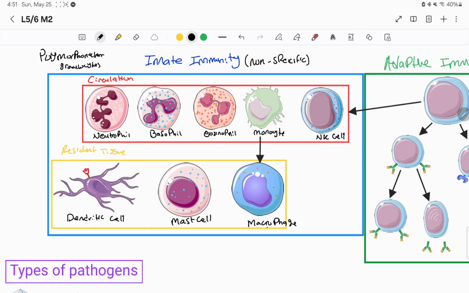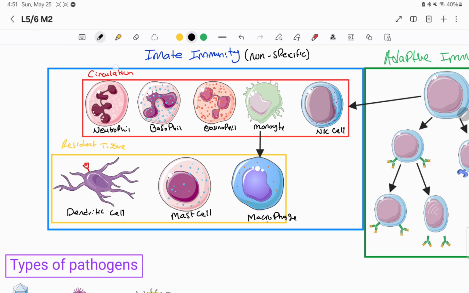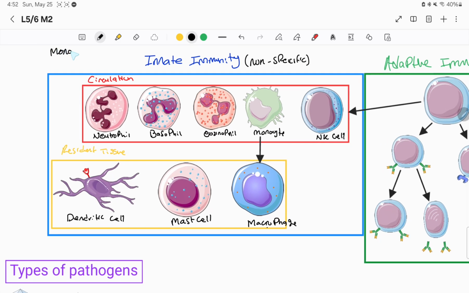Okay? The ones that are not polymorphonuclear are called mononuclear agranulocytes. Anytime you add an A in front of something, it just means lack of. So they lack granules. Now, as it turns out, this is actually not correct.